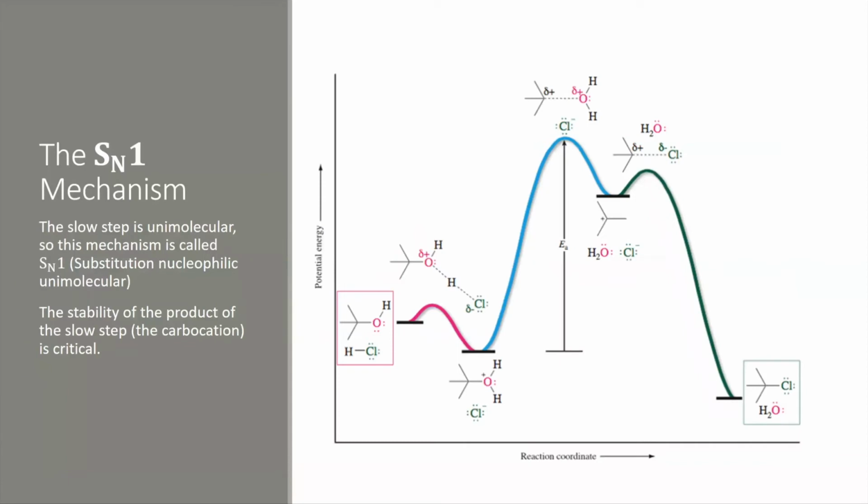So if we look at the mechanism in total, you can see the first step, in which we're protonating, is favorable. The energy is lower than the starting. However, the formation of our carbocation is non-favorable.